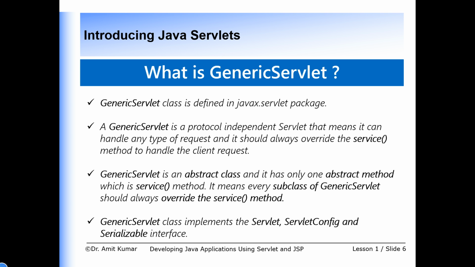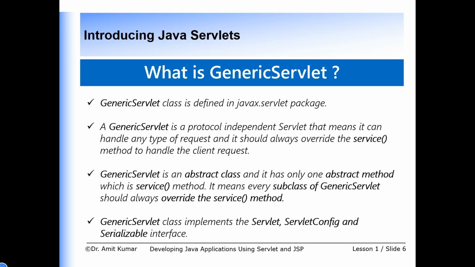It means every subclass of GenericServlet must override the service method, because the service method is an abstract method. The user will define the definition of the service method, and the GenericServlet class implements the Servlet, ServletConfig and Serializable interfaces.